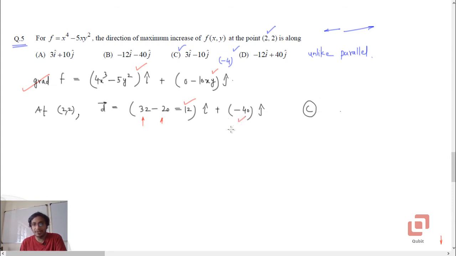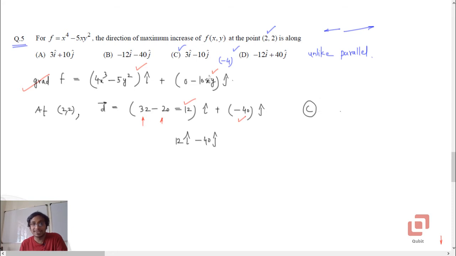The direction of maximum increase is always along the gradient. So the direction that we have got is 12i minus 40j. So do not mark option D. Option D is not right, because that is actually the direction of maximum decrease, and we want the direction of maximum increase.